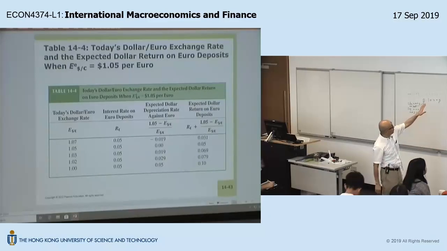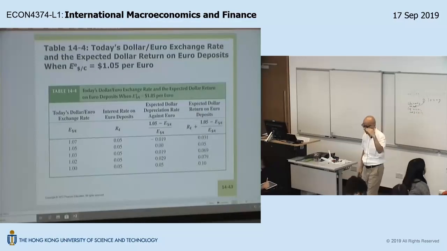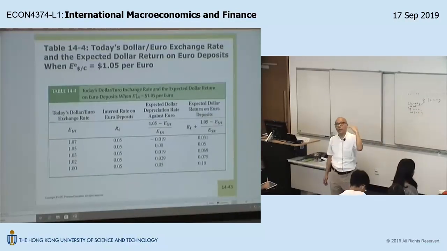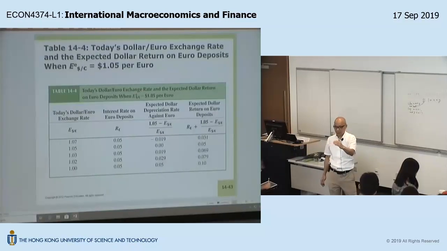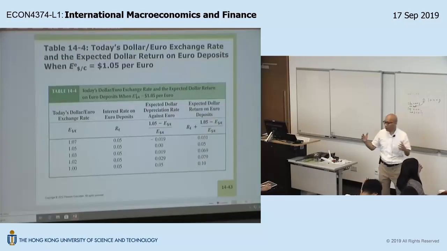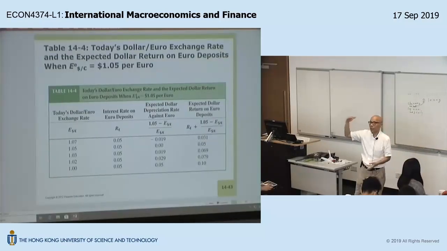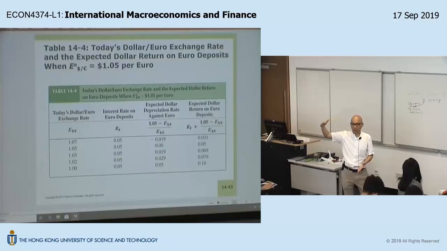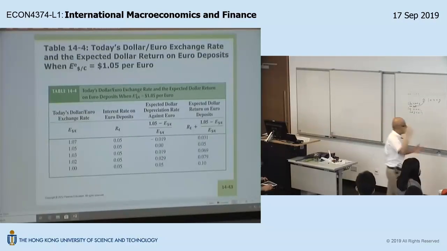Here, remember, we say that E^e is equal to 1.05 dollars per euro. It's constant. The assumption is that somehow the market has an idea about what will be the reasonable value of E in the next period, which is E^e.